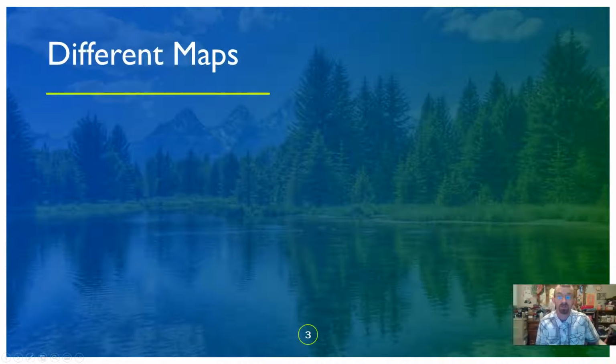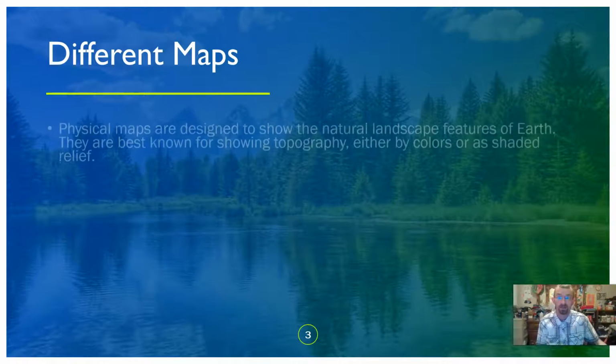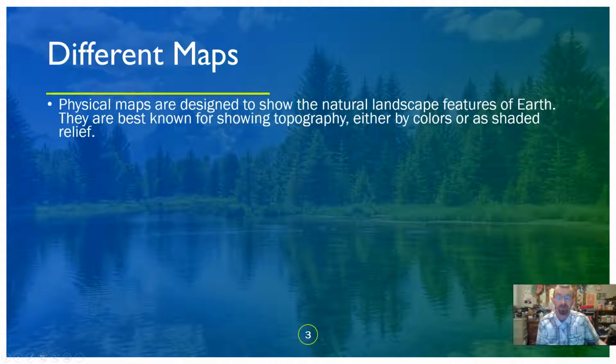So let's look at some of the different maps, because you'll be using maps today to help you through your activity. They're physical maps. These are the maps that are designed to show the natural landscape features of Earth.